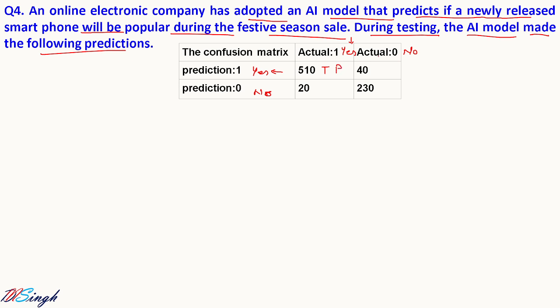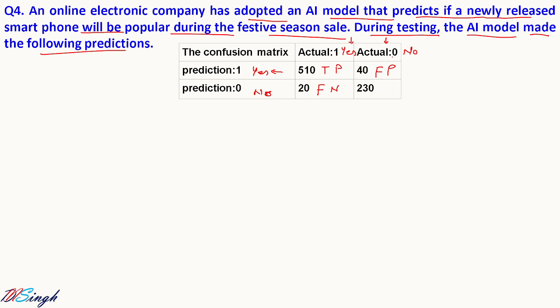Again, for the second column, second cell, the actual or reality value is no, and the prediction is yes. So both are not the same. The first will be false and the last value will depend on the prediction. The prediction is yes, so this is positive. Again, actual reality is 1 and prediction is 0, so both are not the same. The first word will be false and the second word will depend on the prediction value, that is no, so it will be negative.